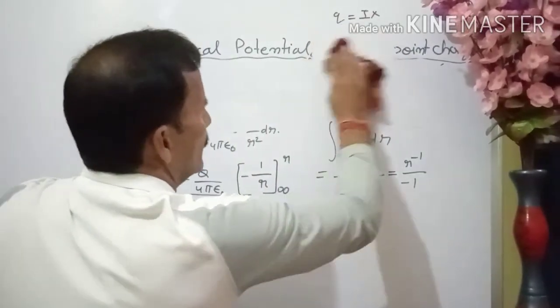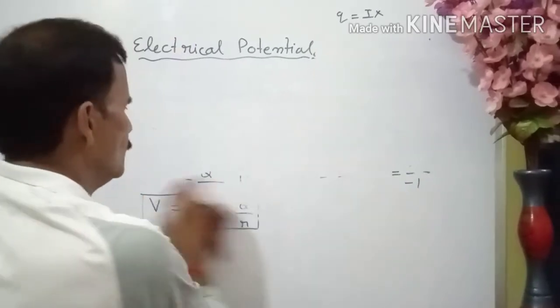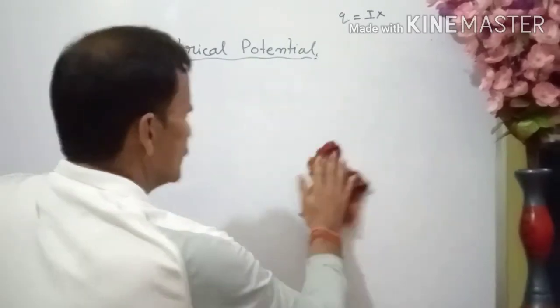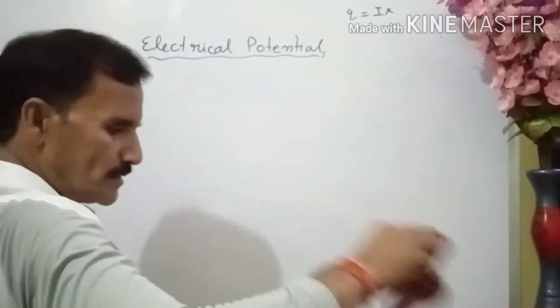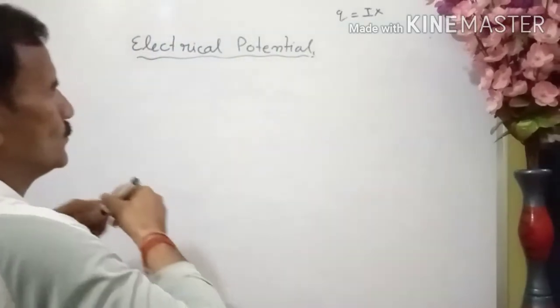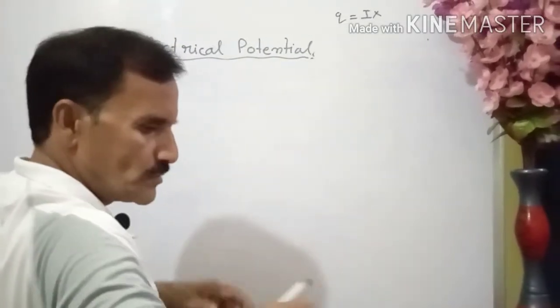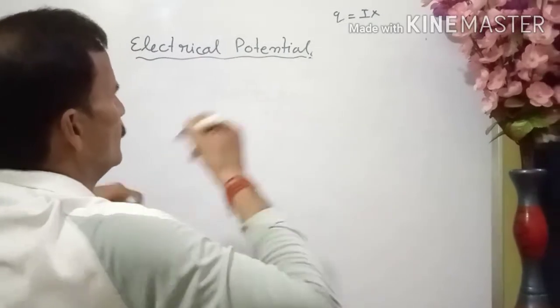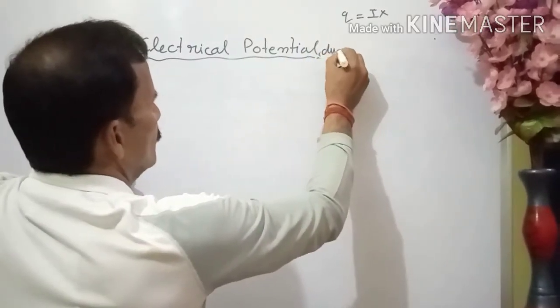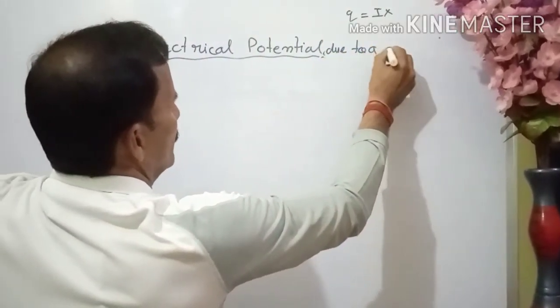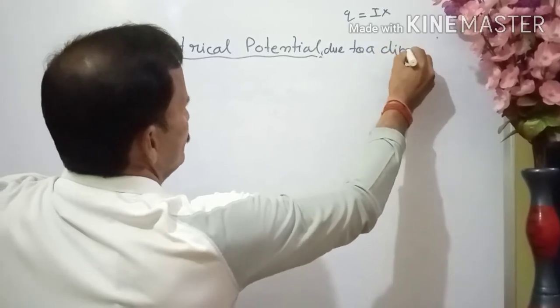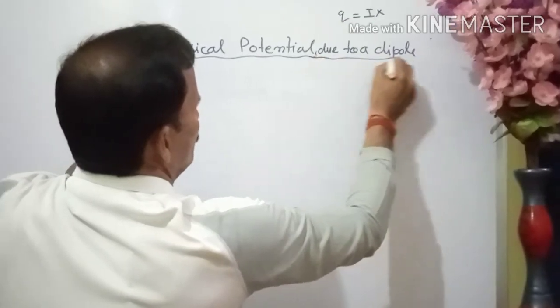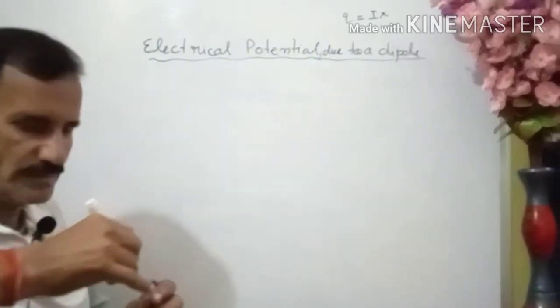Now let us find the electric potential due to an electric dipole. We have already done about the dipole.